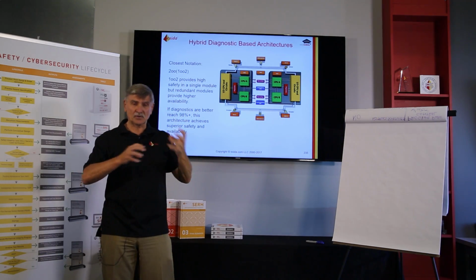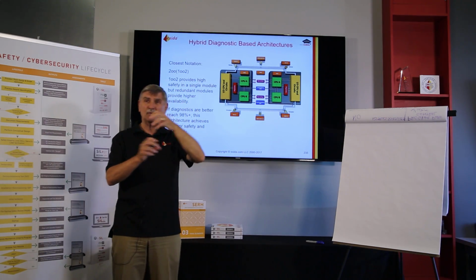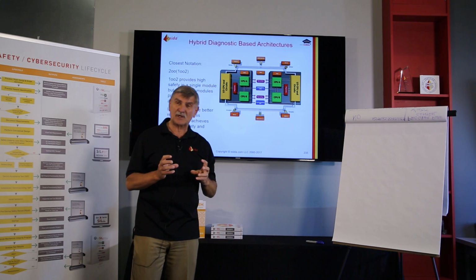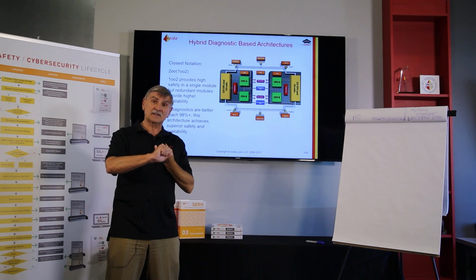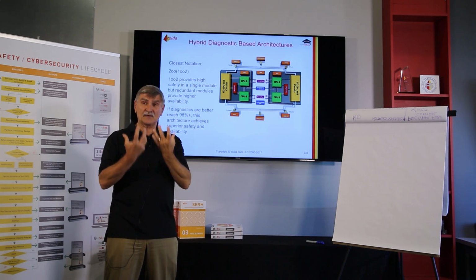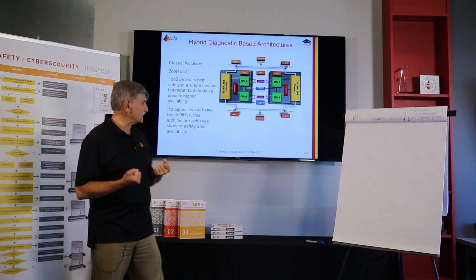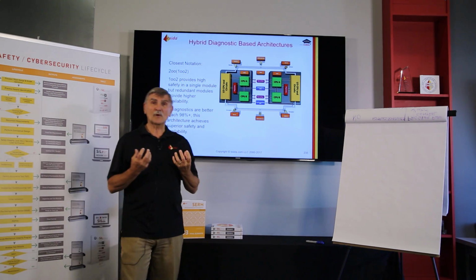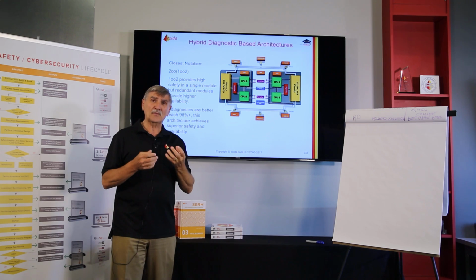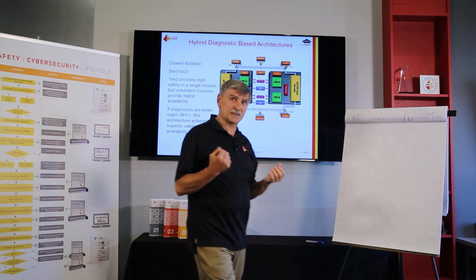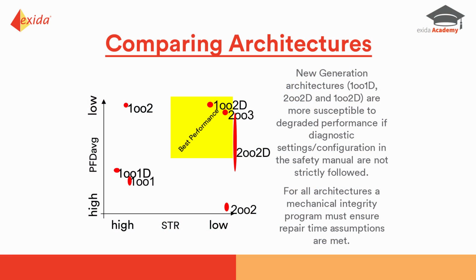New architectures are combinations of 2 out of 3 and 1 out of 2, and the electronics are becoming so effective, and the diagnostics are becoming highly effective, such that you're never sure what it is, so it really needs a good, thorough technical evaluation on some of these newer architectures.